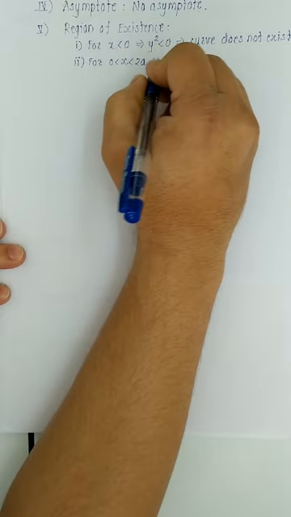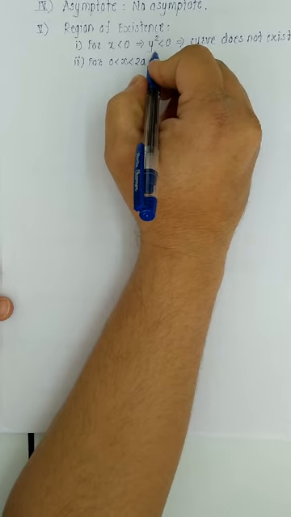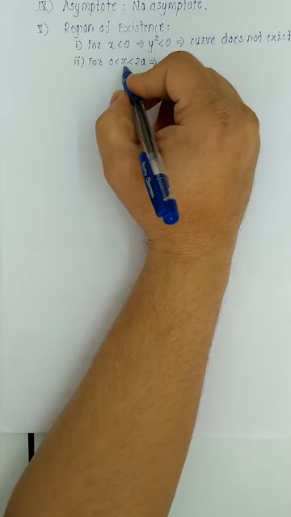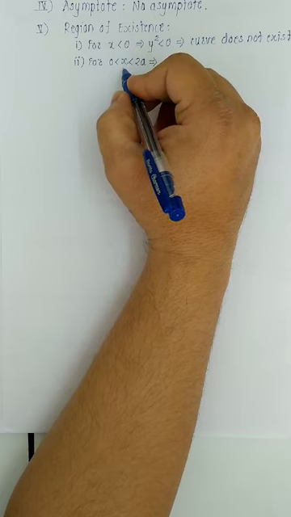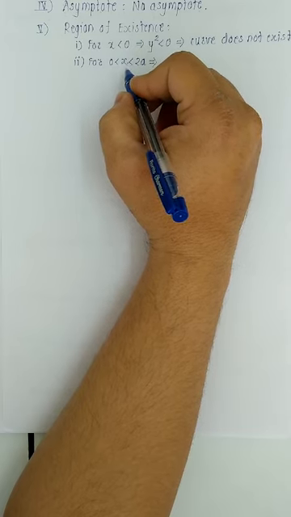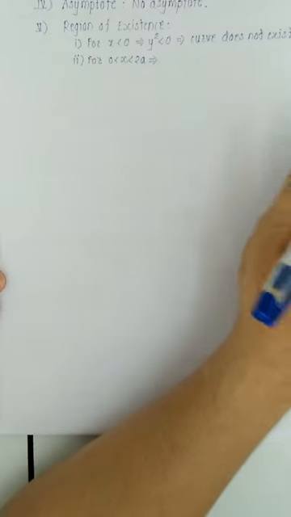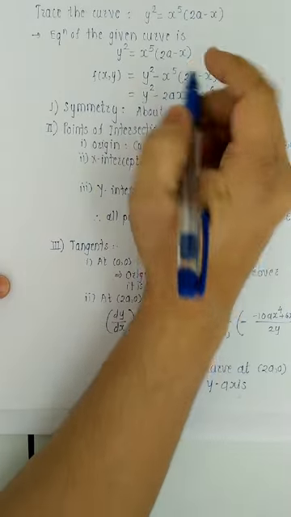For these values of x, we will try to obtain the y square value, for which we can take any value in this interval, such as a by 2, a, or 3a upon 2, and check what the y square value will be. So let us consider x equal to a.